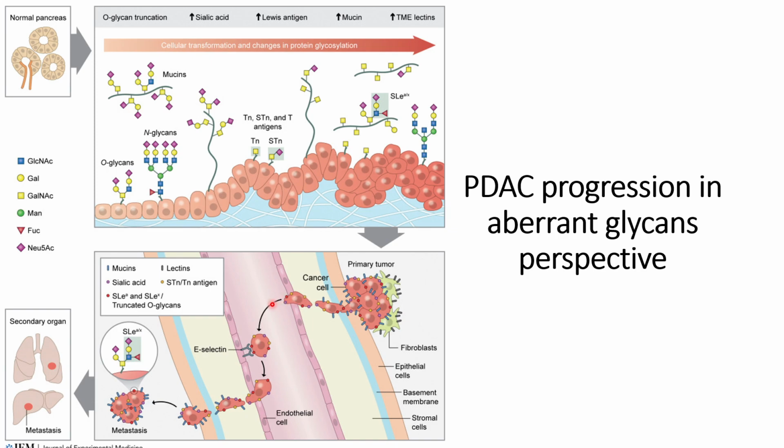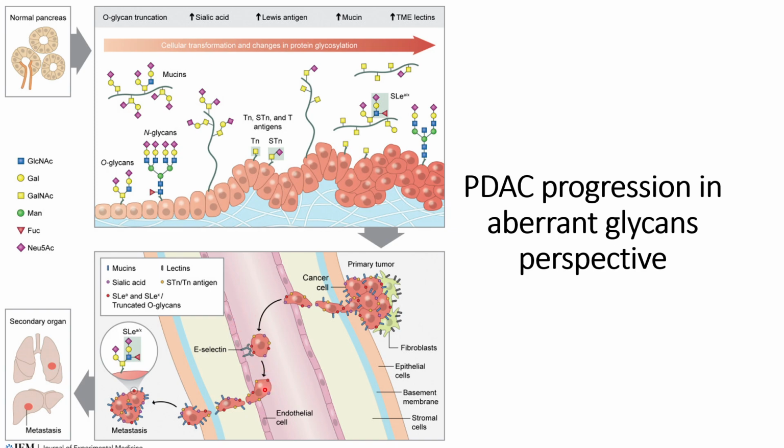When it reaches other sites, or secondary organs where it needs to infect, then based on the Lewis antigens present on the tumor cells, it will be able to interact with E-selectin, and that helps in slowing down these tumor cells.